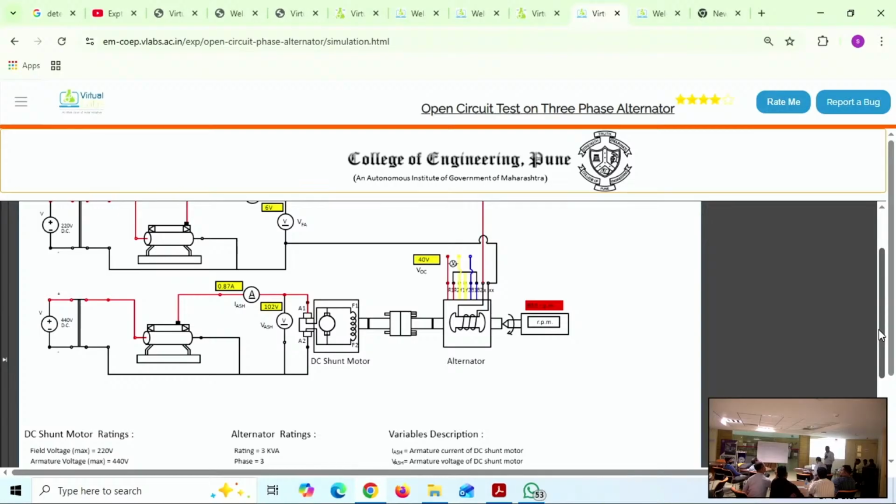Yes, it is possible, with the field winding. In the flux control method, you have to add external resistance. Correct.